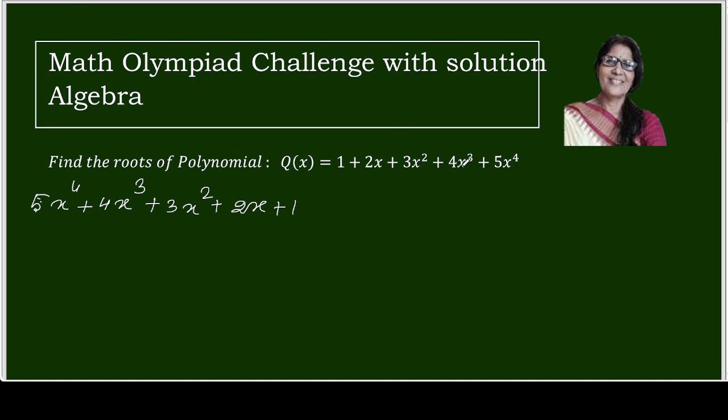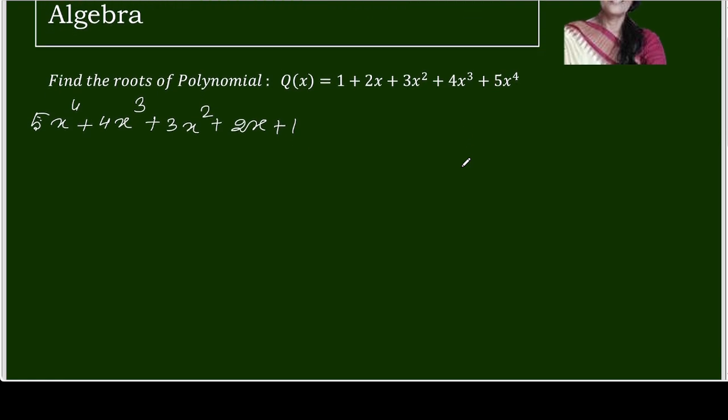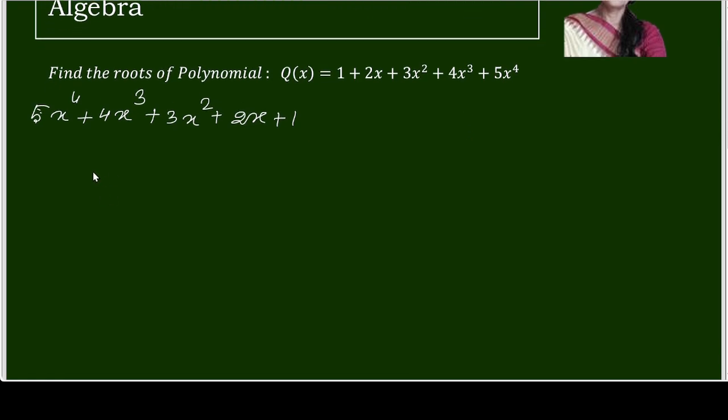Now since this is a polynomial of degree 4, it may be factorized as 2 quadratic polynomials. So for this, let this be 1 plus ax plus bx square and 1 plus cx plus dx square.